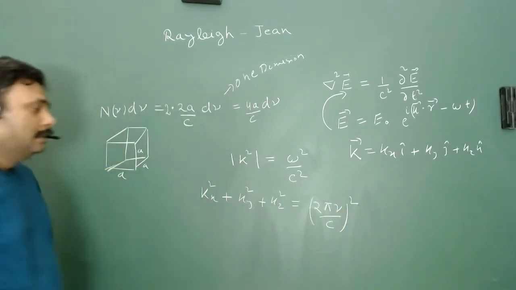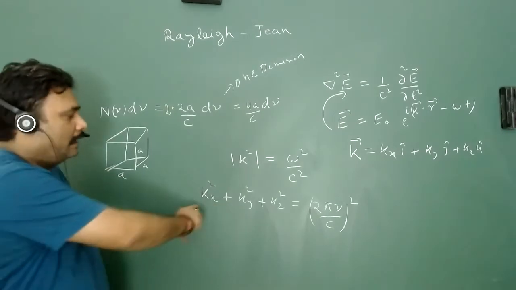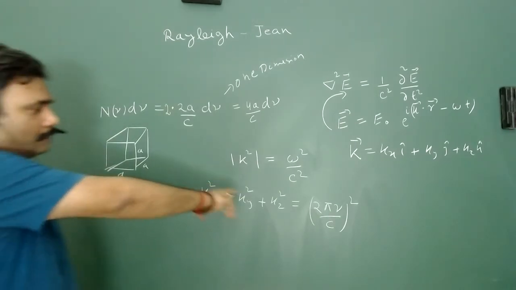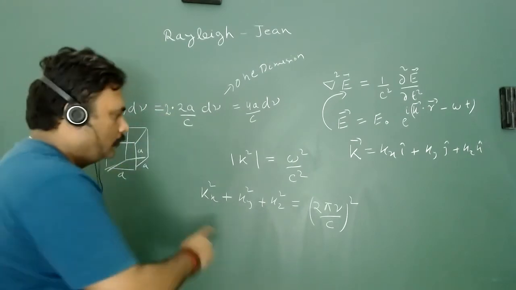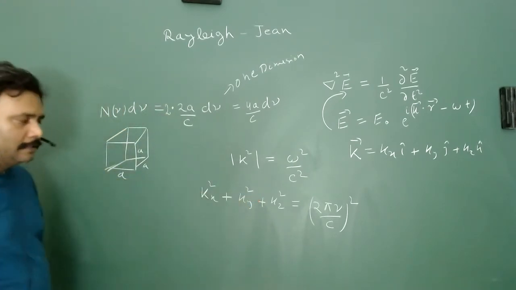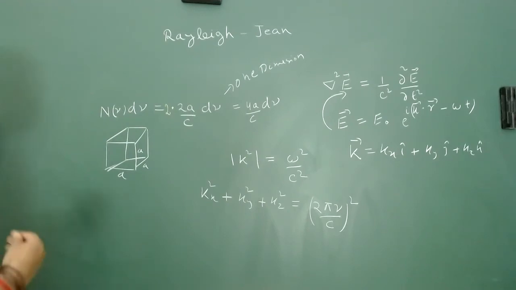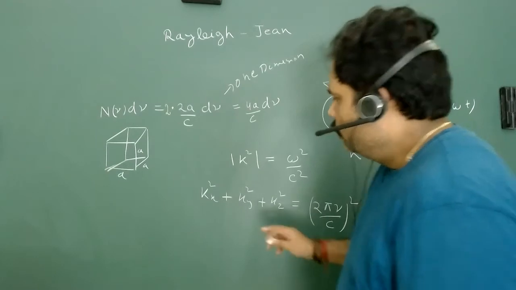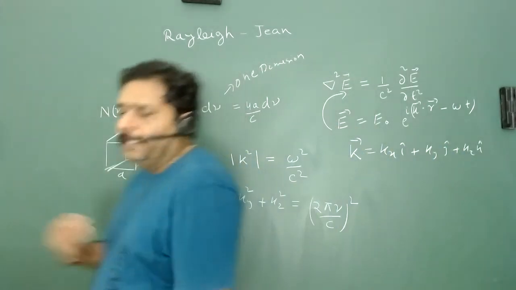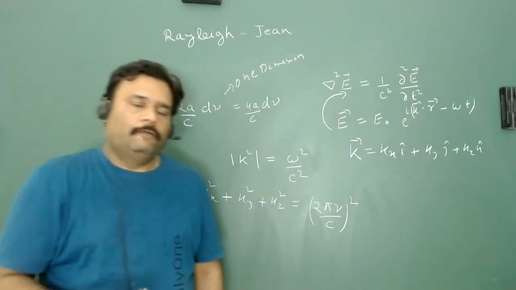Obviously this is behaving like a sphere. If we assume kx, ky and kz are the three directions, then this is nothing but the equation of a sphere. Now kx, ky, kz are independent. What is the meaning of that?